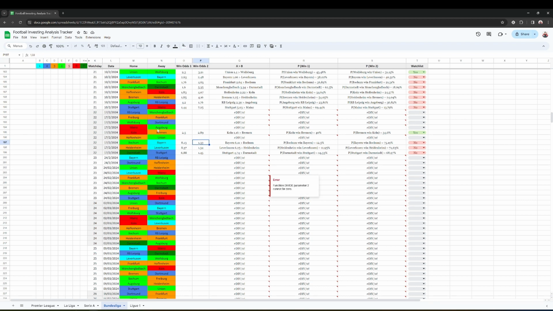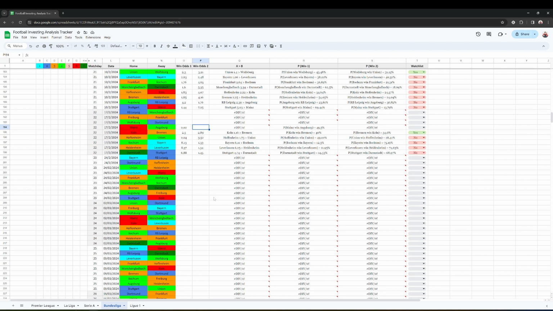Hoffenheim we are expecting to be better than Union Berlin at home, and they are 2.04, which is kind of okay. And then we have Mainz against Augsburg. So again, those relegation zone teams are being favored by the market.